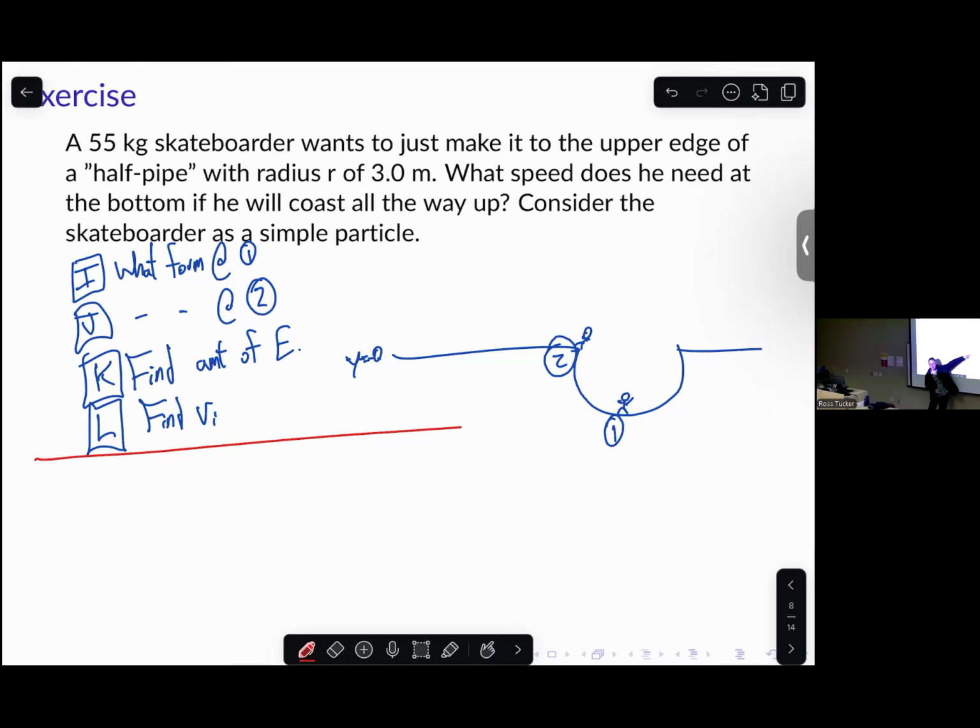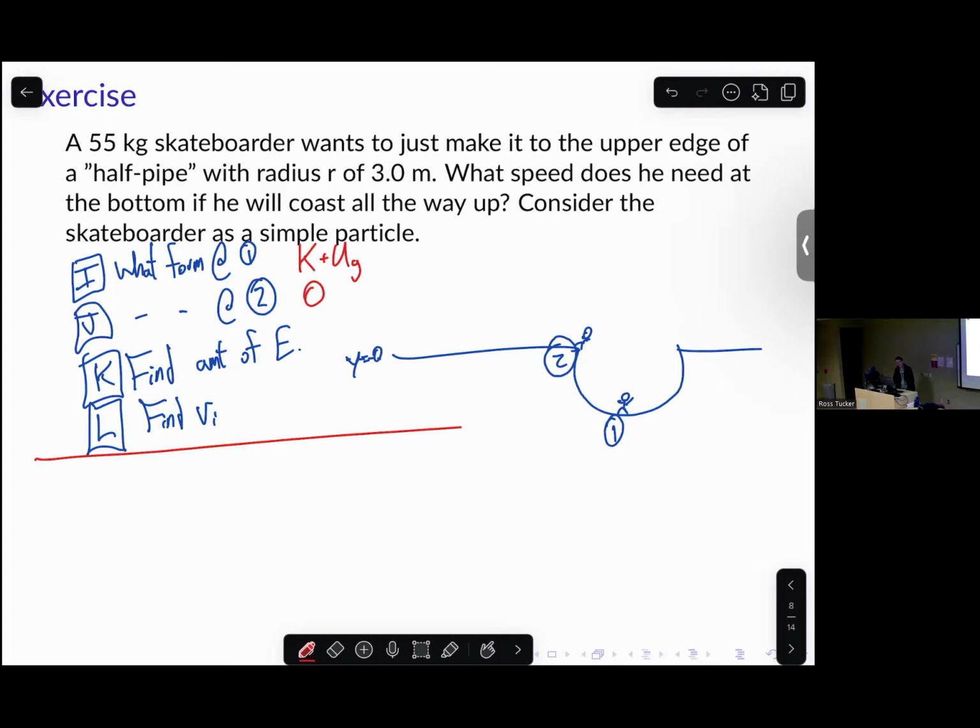What's my gravitational potential energy down here? Negative. y is negative. I am below. So if I wished to write this out as an equation, and of course everybody wishes to, I would say my initial energy is kinetic plus gravitational potential energy, and this term is going to be negative.